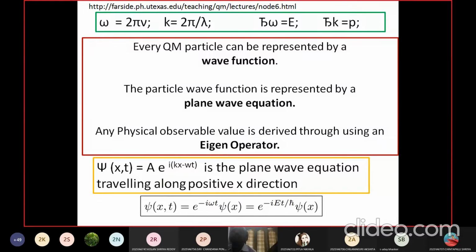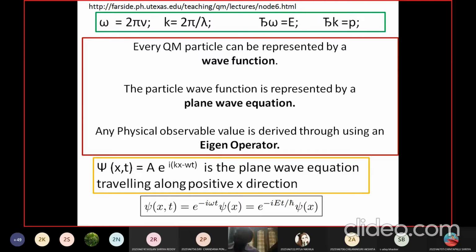So if you want to know the physical observable of a matter which is being expressed as a plane wave equation, then you need to use an eigen operator. Why eigen operator, sir? Why not only operator? Any operator may change the plane wave equation.